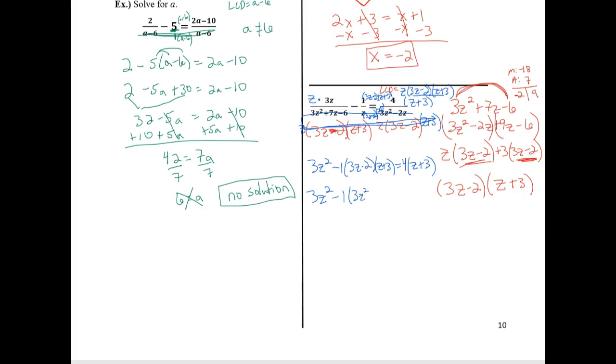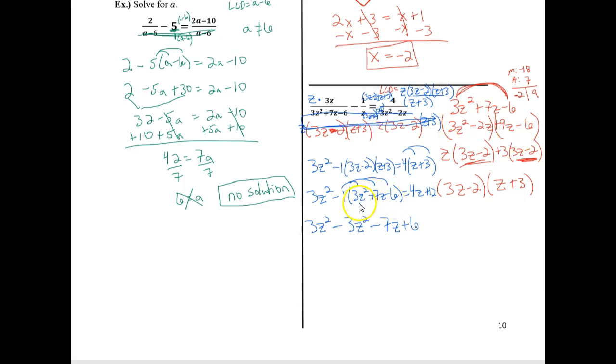3z squared plus 7z minus 6 equals, I'm going to distribute that 4z plus 12. I'm going to also distribute the negative 1. Now I have 3z squared minus 3z squared minus 7z plus 6.